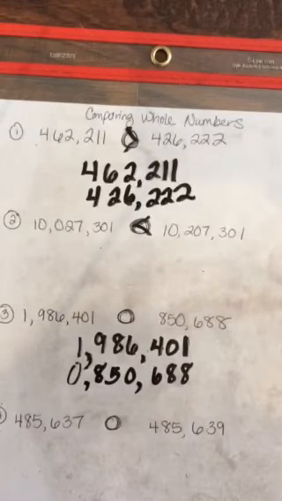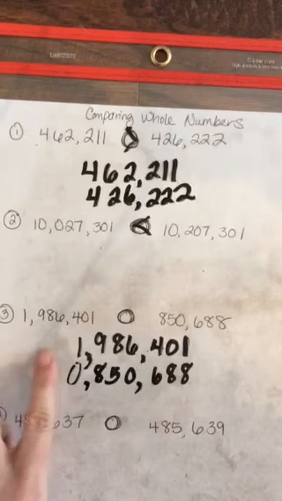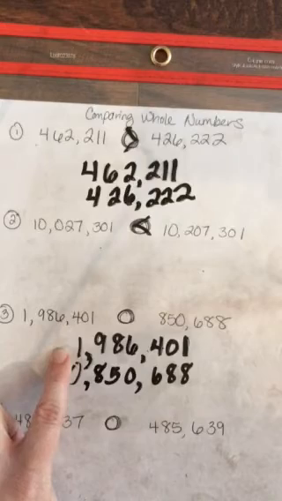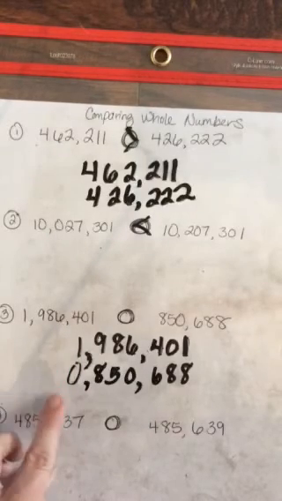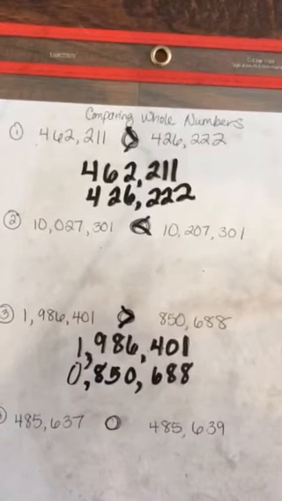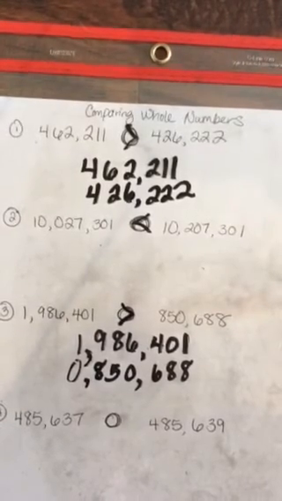I can't give it a 1 because then I'm changing its value. So based on our stacking, based on this one having more digits, and of course 1 million is greater than no million, 1,986,000 is going to be greater than 401.